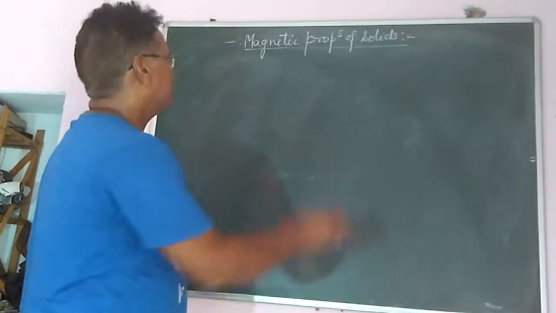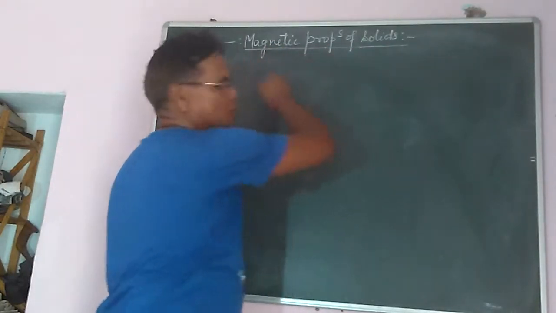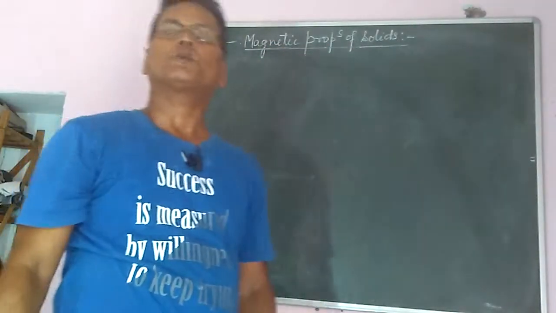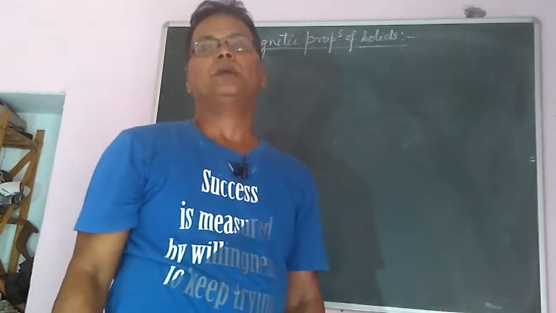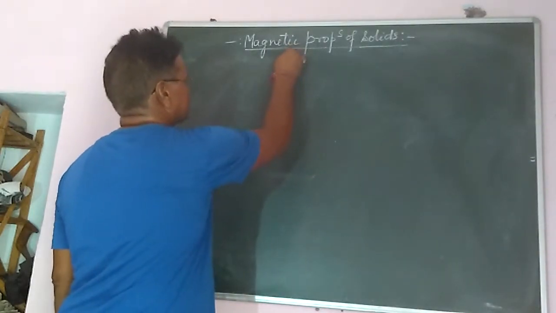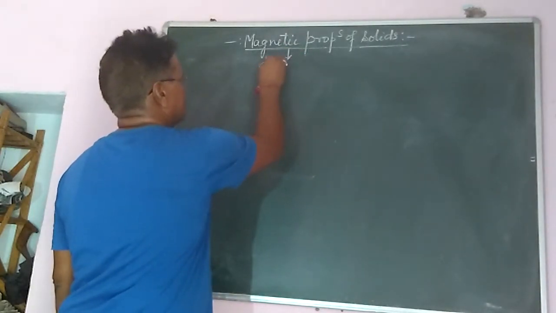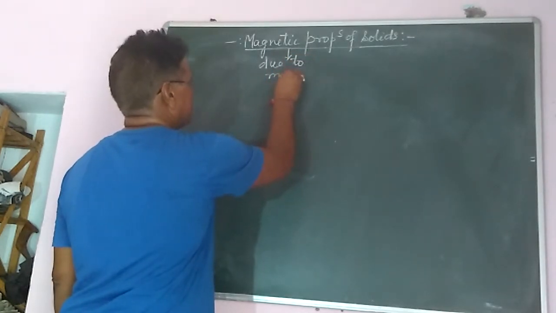Now, magnetic properties of solids. Solids possess magnetic properties. Why? What is the reason behind it? These magnetic properties of the solids are due to magnetic moment.